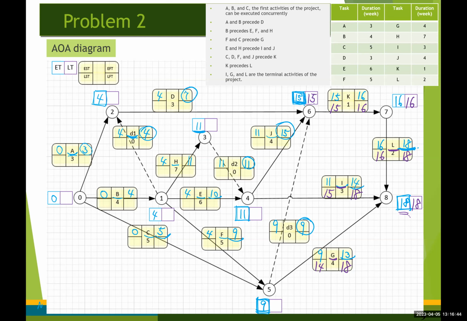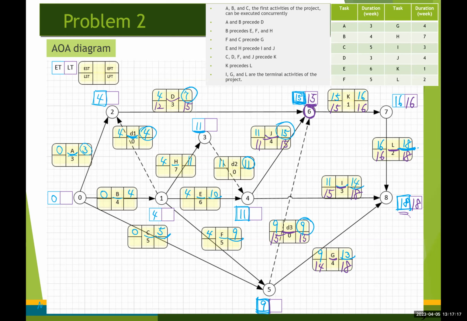Since the latest time for event number 6 is 15, the latest finish time for all three activities, D, J, and dummy activity number 3 is going to be 15. So we have 15 and 15. 15 minus 3, 12. 15 minus 4, 11. 15 minus 0, 15, right?